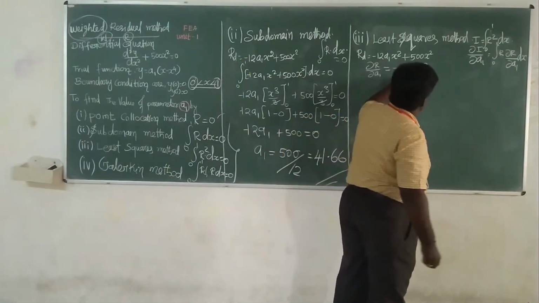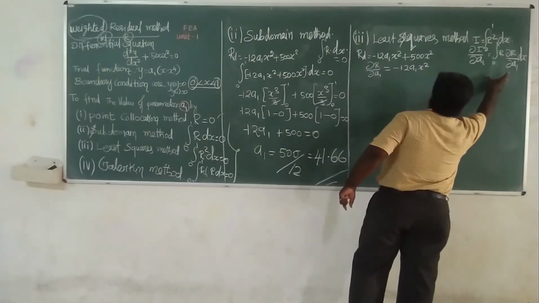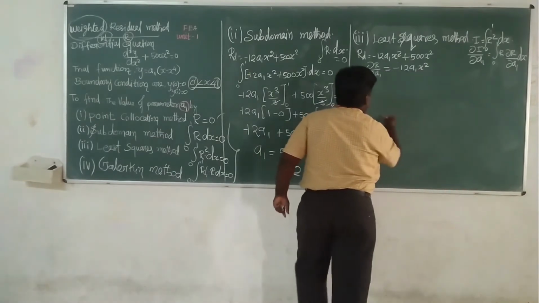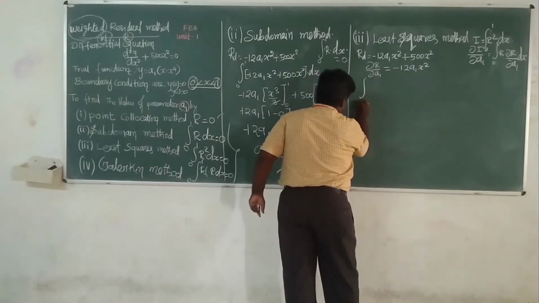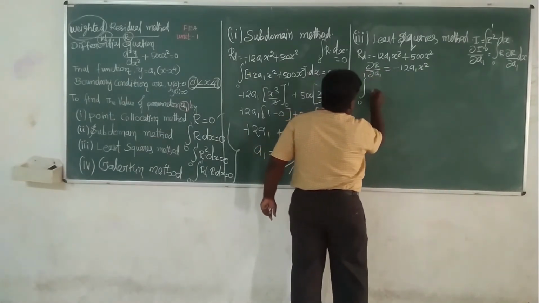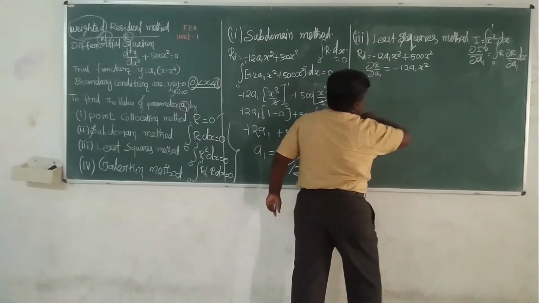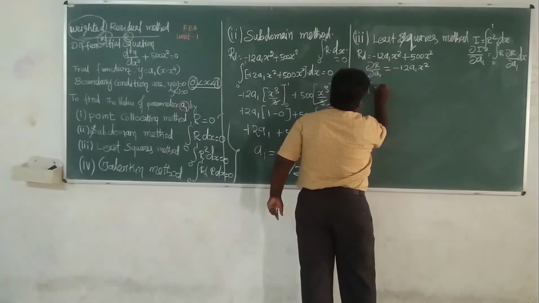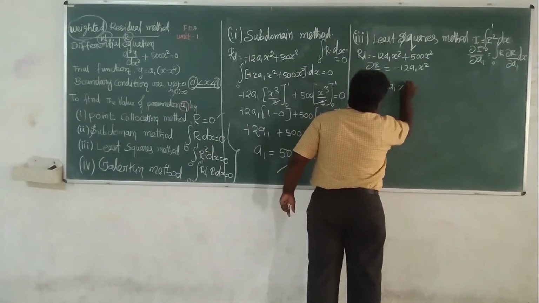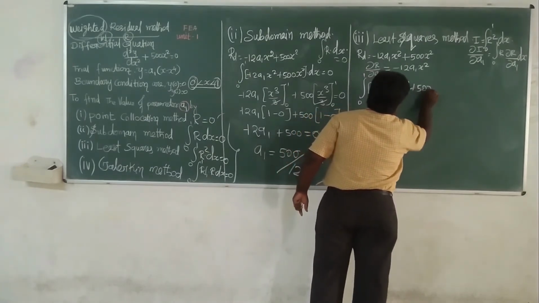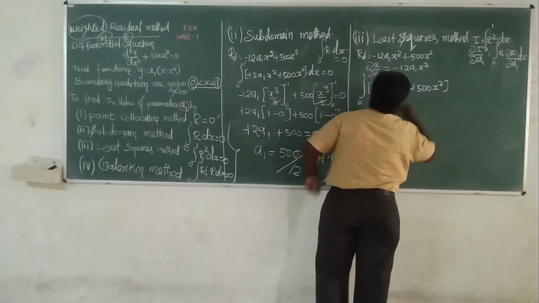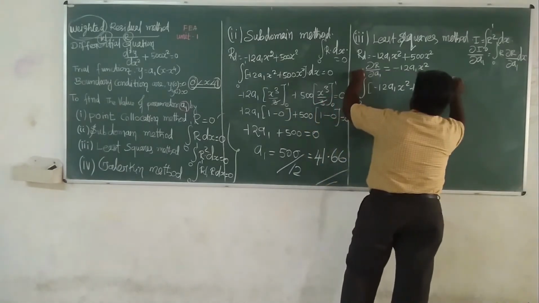Next, substitute this value in the least square method formula. So integration of 0 to 1. The residual value is given: minus 12 a1 x square plus 500 x square into minus 12 x square.